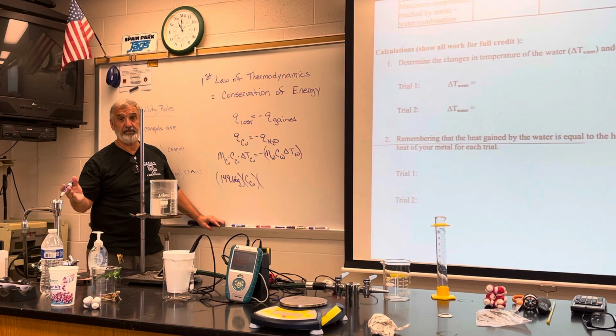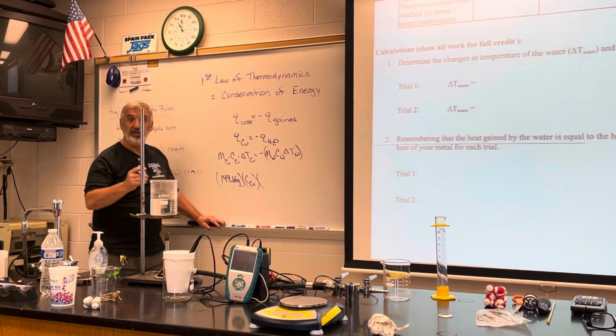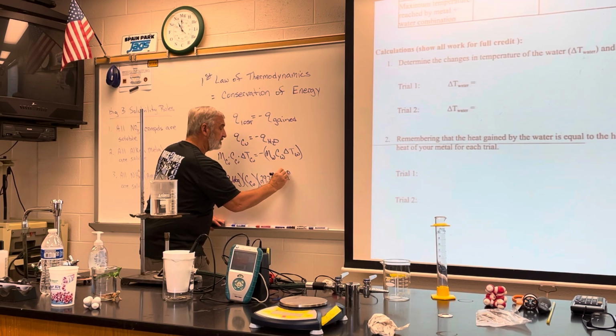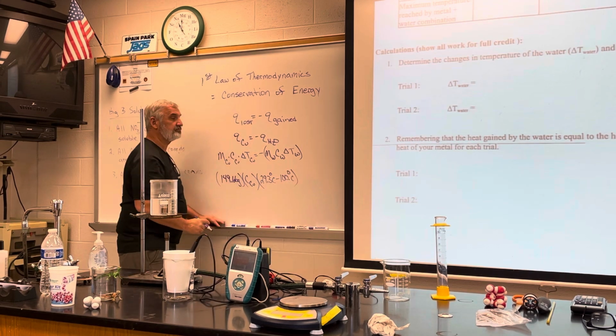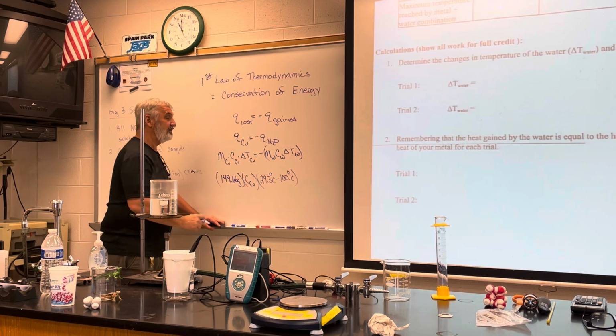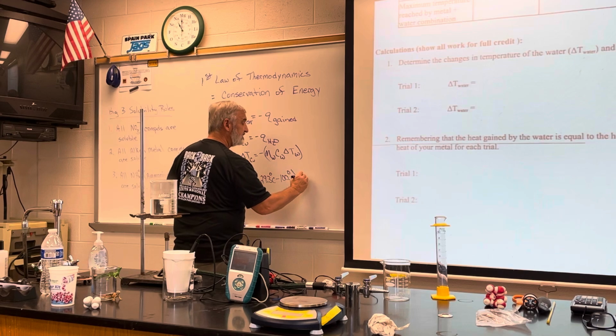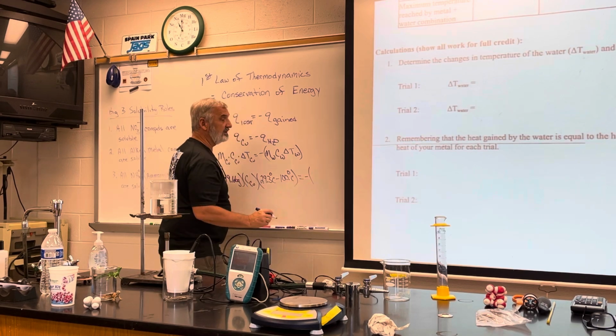What did it end at? 29.3, right? And it's always going to be final minus initial. So it's going to be 29.3 degrees Celsius minus the 100 degrees Celsius. And that's going to equal, and we can go ahead and say the negative if you want to put the parenthesis there.